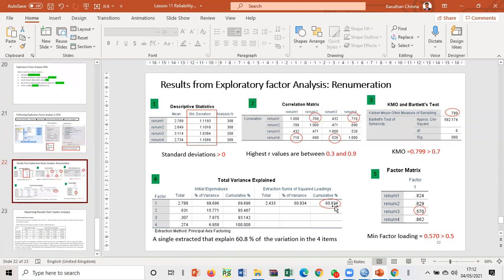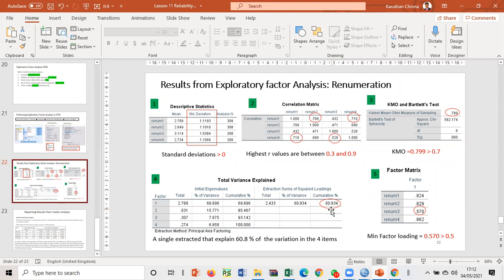This is called percentage explained variation. It's like R square. What's R square? R square we did in regression, with cause and effect, the residuals and the regression.